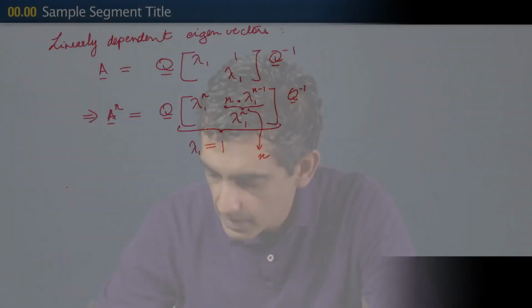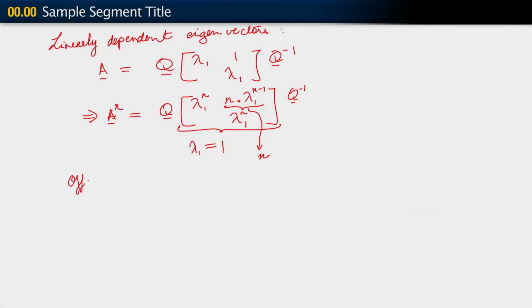So what happens in this case is that the off-diagonal term diverges as n.